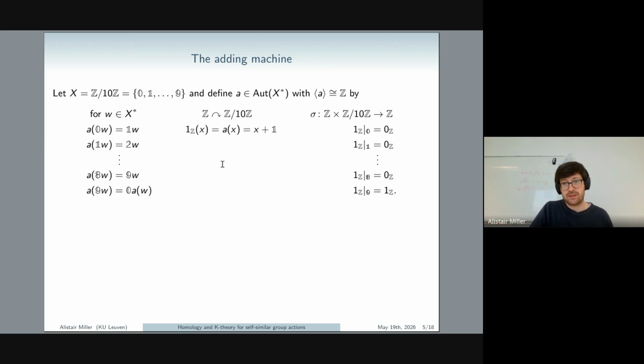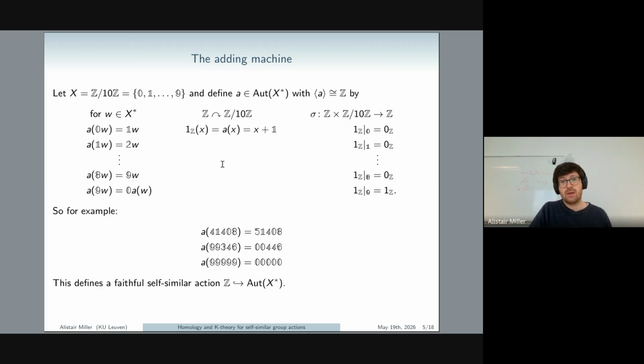This describes the action on the tree. So for example, if I had my generator A, this is going to add 1 to this string of digits. It's just going to add 1 to the first thing, and then it's going to stop. But if I have a bunch of 9s, it will turn them into 0s, and then it will carry the 1. It will add the 1 to the 3 there, and it turns into a 4 here. And this is going to preserve the length of words.